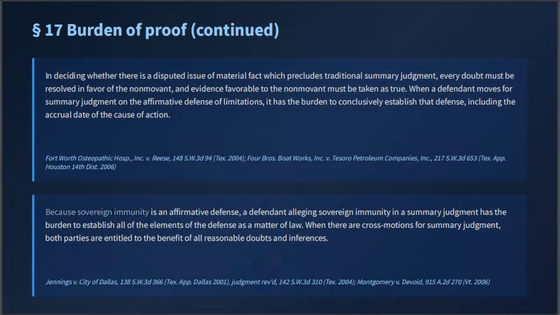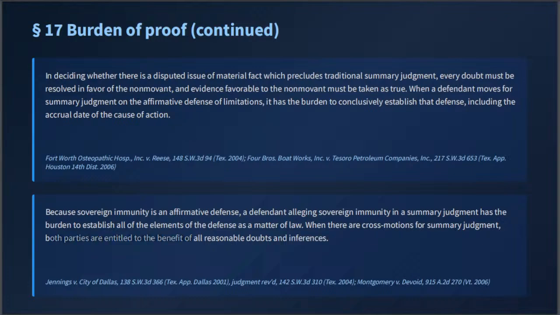Because sovereign immunity is an affirmative defense, a defendant alleging sovereign immunity in a summary judgment has the burden to establish all the elements of the defense as a matter of law. When there are cross motions for summary judgment, both parties are entitled to the benefit of all reasonable doubts and inferences. So that's interesting there.